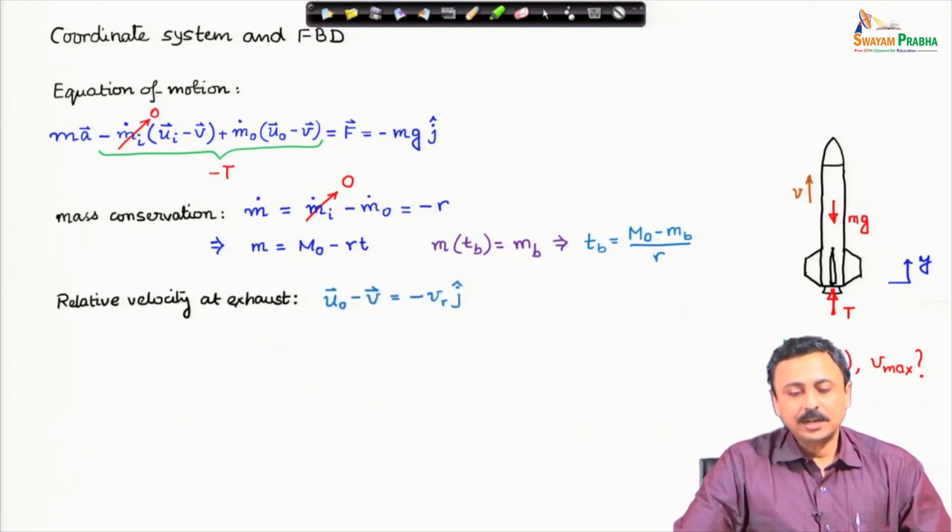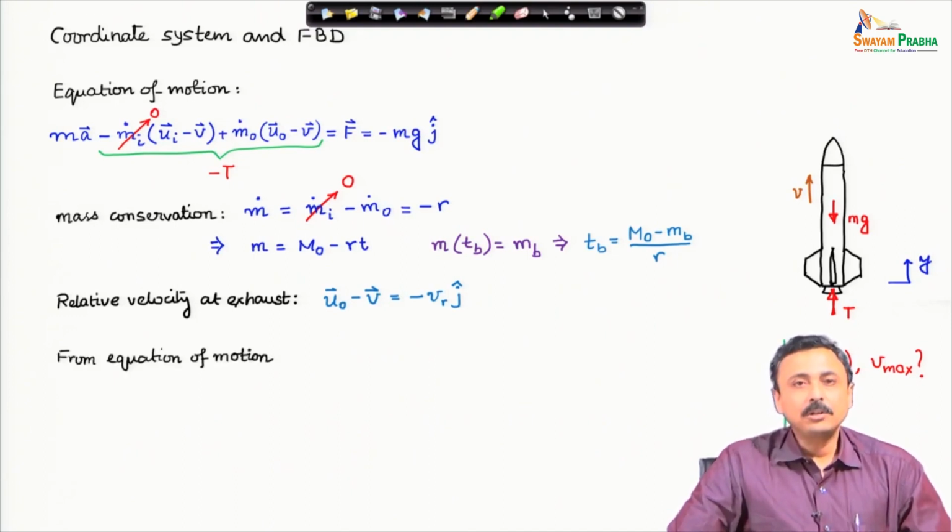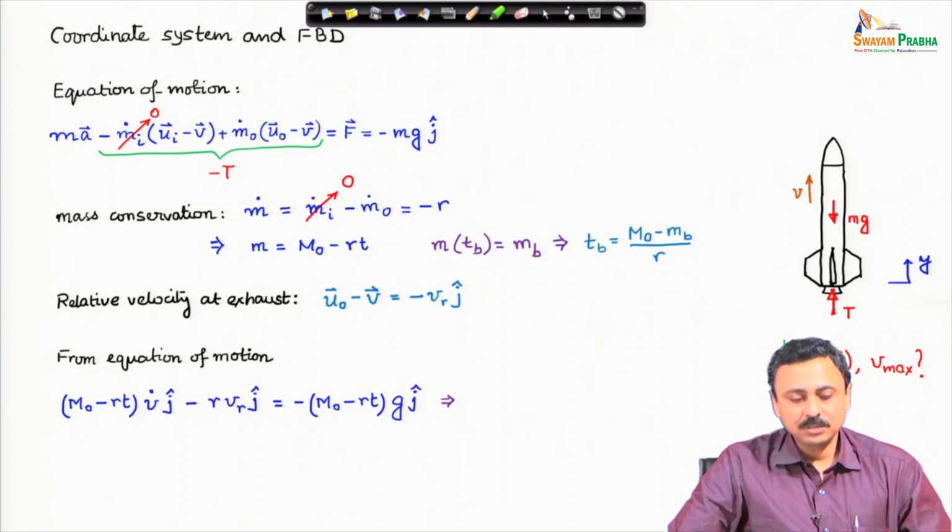Now, the relative velocity at exhaust is also specified, V r, and that is in the minus j cap direction, which you can note from the figure. Y is vertically upwards positive and the jet is going with velocity V r vertically downwards. Therefore, the relative velocity at exhaust is minus V r j cap. Now, we plug in all these expressions in the equation of motion.